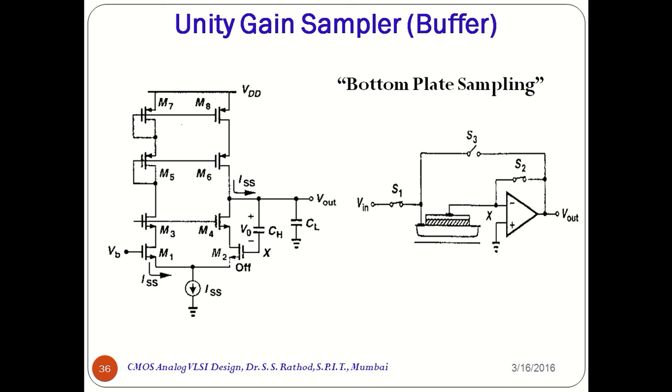For this reason, we can use the bottom plate of the capacitor, which is usually driven by the input signal, as shown in the right hand side figure. Or we can say that the output of the op-amp and the top plate is connected to node X. This minimizes the parasitic capacitance seen from node X to the ground.